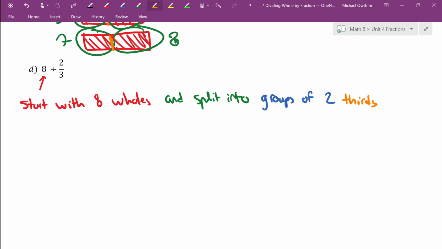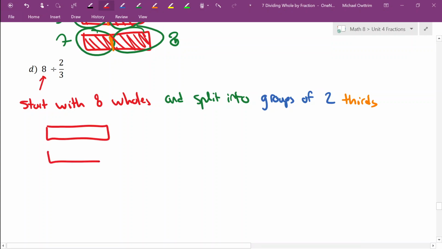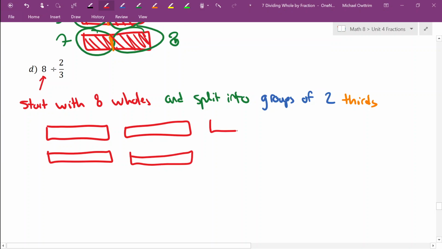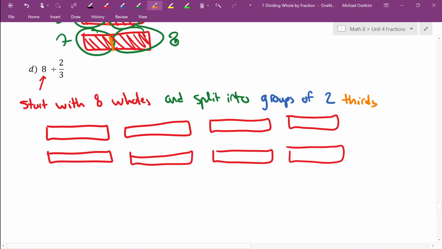So we're going to go ahead and draw our 8 wholes. 1, 2, 3, 4, 5, 6, 7, 8 wholes. Each of those needs to be in thirds, so we'll add 2 dividing lines to each of them to make 3 sections. Of course, we have all of each of these. Color in.